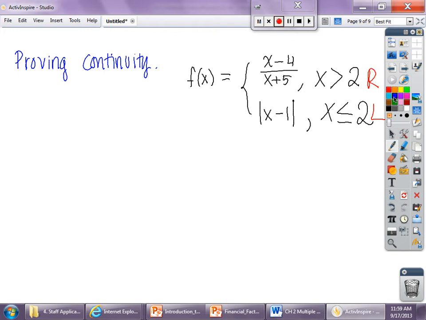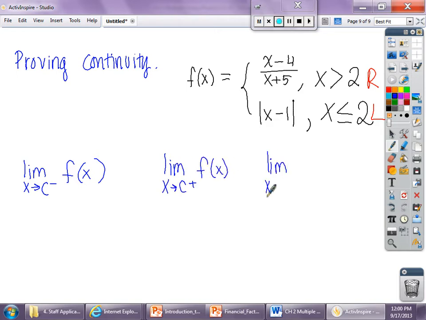You essentially do 4 things. You do the limit as x goes to whatever value you're trying to prove continuity at, from the left. You also do it from the right, which then gives you the limit itself, which then means you have to check the y value. So, I want to be neat, so let me use a line.